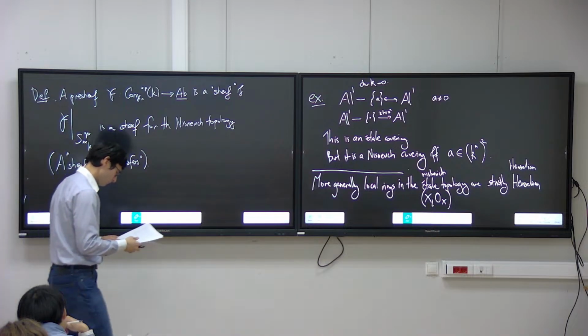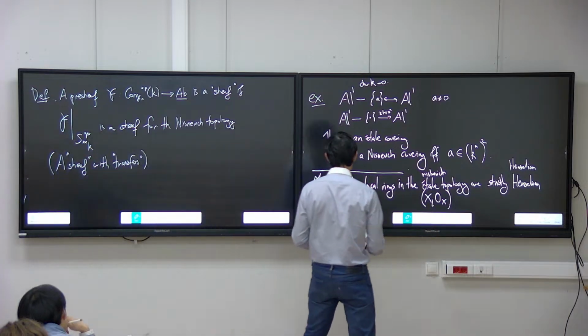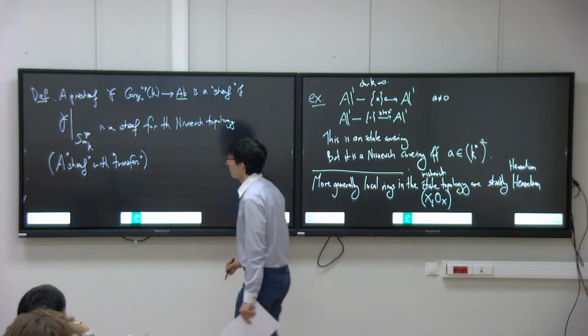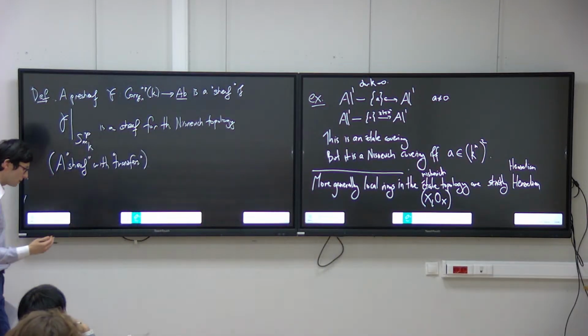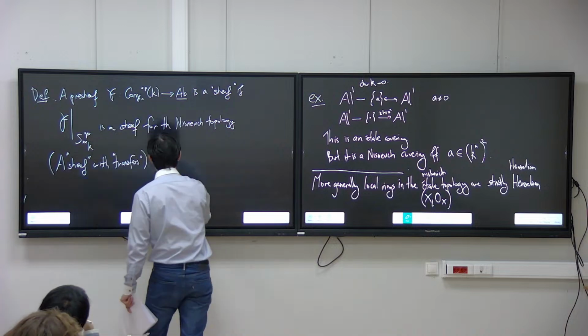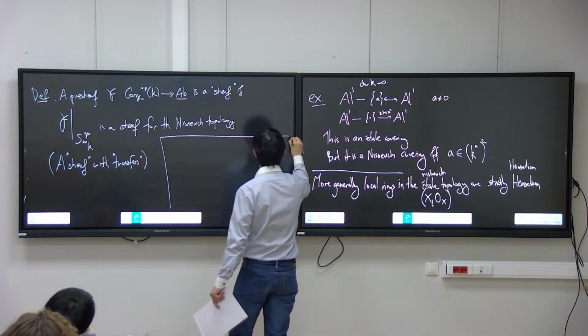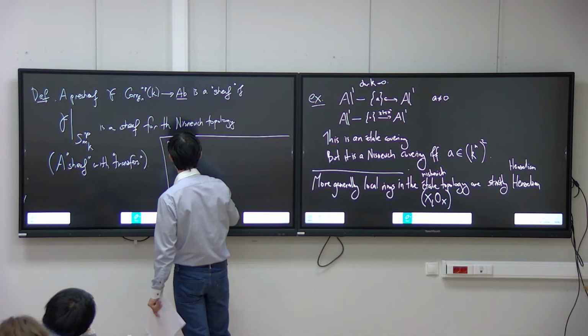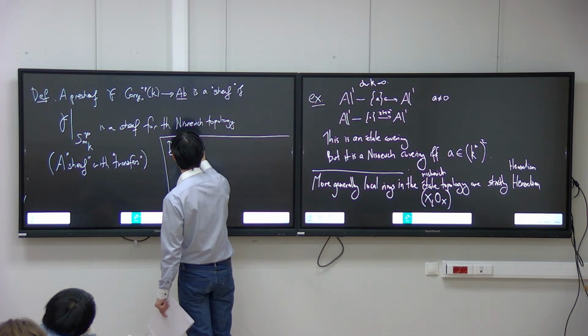Okay. And I guess whenever you start talking about sheaves, you want to look at the free sheaf. So let me do that here. So definition of the free sheaf.